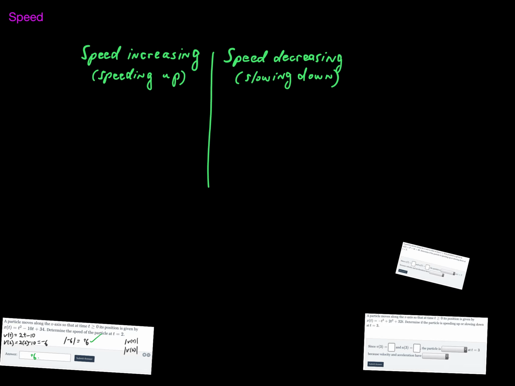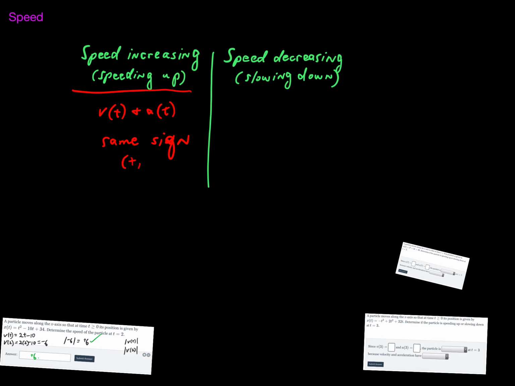Here's how we're going to calculate when your speed is increasing. That is when your v of t and your a of t both have the same sign at some specific t value. So if you plug in a time value, say 3, and you get a velocity of negative and an acceleration of negative, that's the same sign, which means you're speeding up.